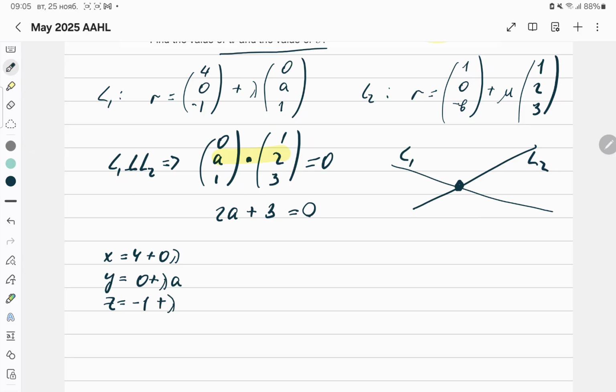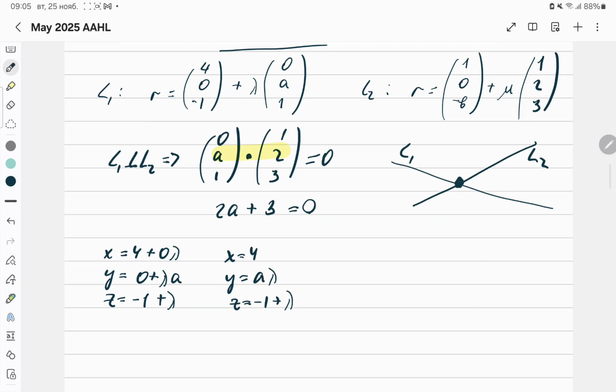After simplification, x equals 4, y equals a lambda, and z equals minus 1 plus lambda. Now the second line: x equals 1 plus mu, y equals 2 mu, and z equals minus b plus 3 mu.